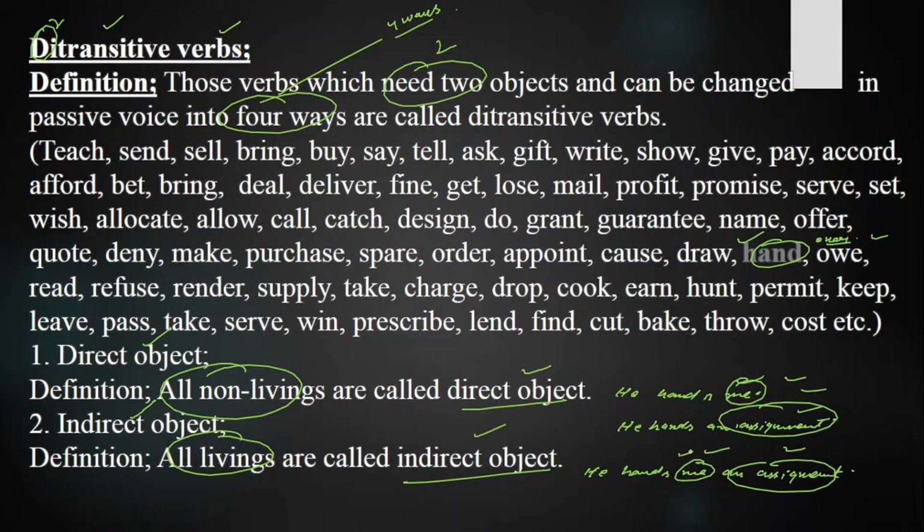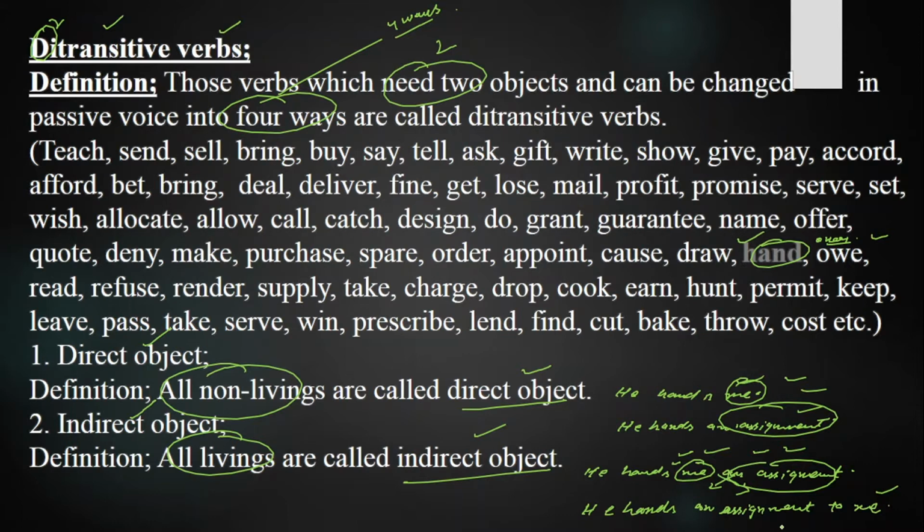We mostly bring the indirect object at the beginning and the direct object at the end, but if you want to shuffle the places, the indirect object me will be followed by a preposition: he lends an assignment to me.